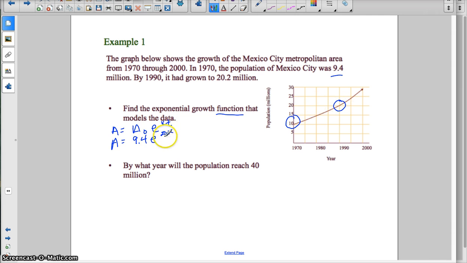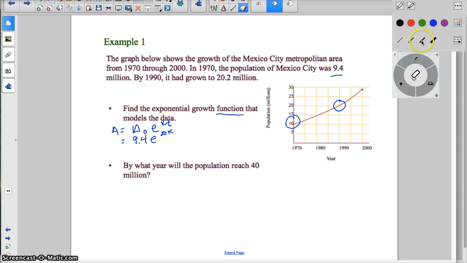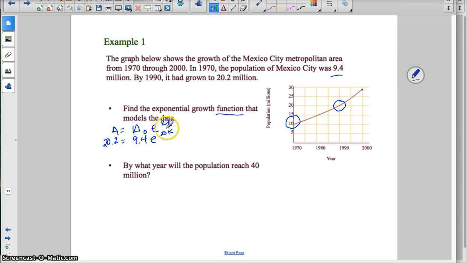So we can replace A, the amount at 20 years, with 20.2 million. Okay, so we now have an exponential equation with one variable only. So let's go through and solve this equation.